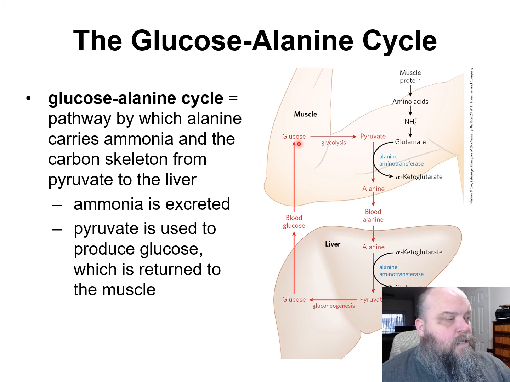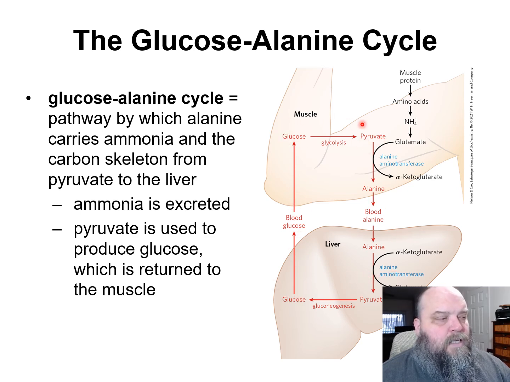So you see this in the muscles, glucose to pyruvate, pyruvate to alanine. Alanine goes out back into the blood, gets taken up by the liver. Alanine gets turned into pyruvate, glucose, via gluconeogenesis, back to the blood, boom, boom, boom.